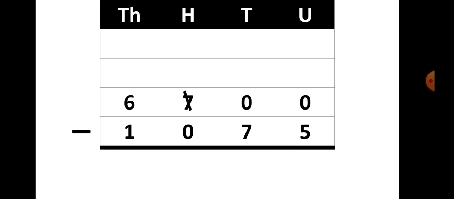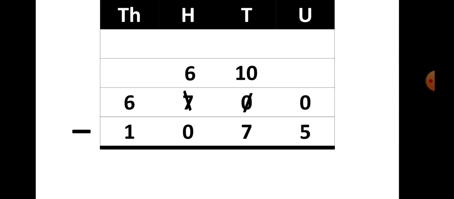Now we cannot borrow from the tens place also, as there is 0. So we move towards the hundreds place. So now the hundreds place is going to give a number to the tens place. So the 0 in the tens place becomes 10 and the hundreds place number is decreased by 1, that is it becomes 6.